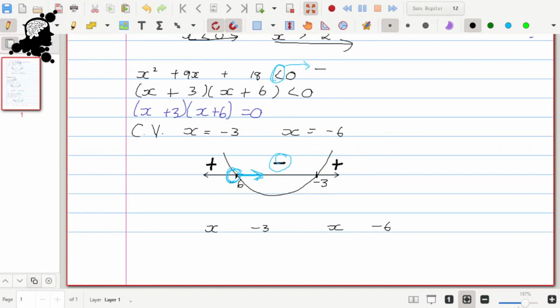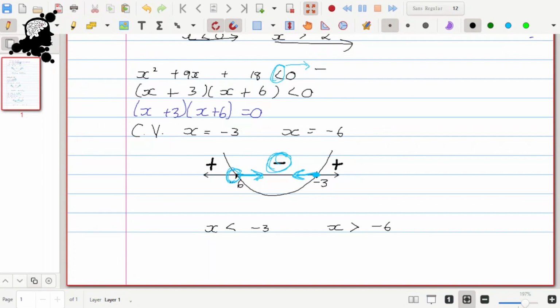So x is going to be greater than negative 6. Then, when I'm at negative 3, to get to this negative sign over here, I need to move to the left. When I am moving to the left, the x values are decreasing, so x is going to be less than negative 3, and I'm done solving the inequality.